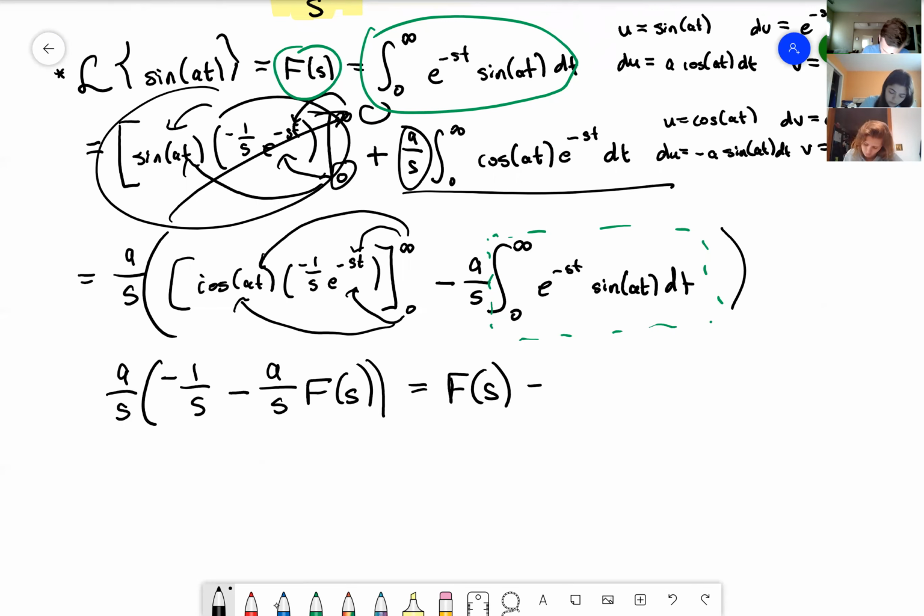Now distributing out, I will get minus A over S squared minus A squared over S squared F. For the simplicity of looking at this, I will get rid of the of S part. So we've got F is equal to negative A over S squared minus A squared over S squared.